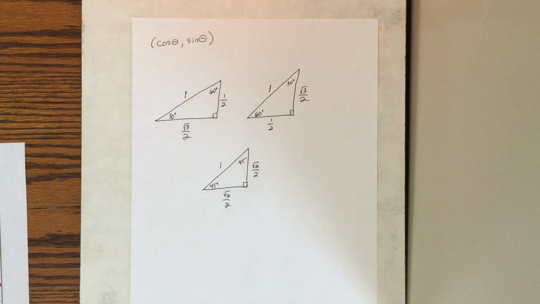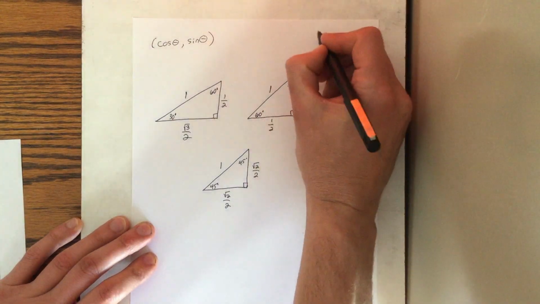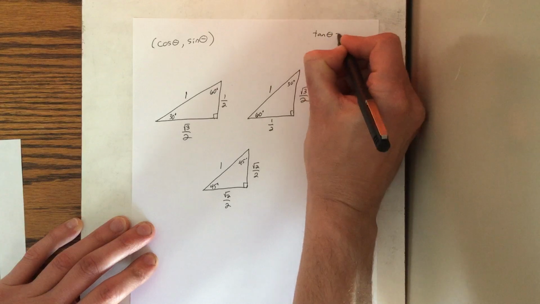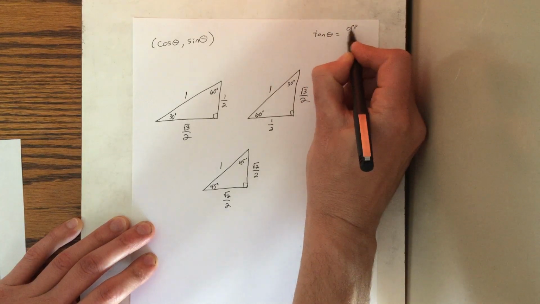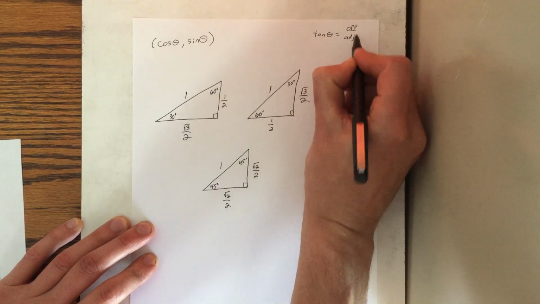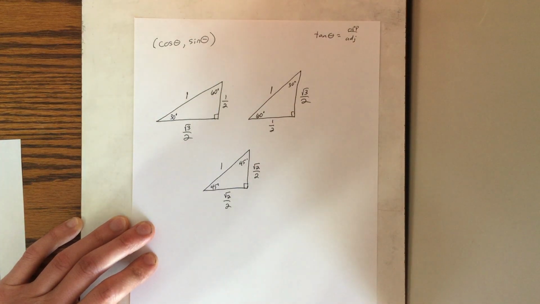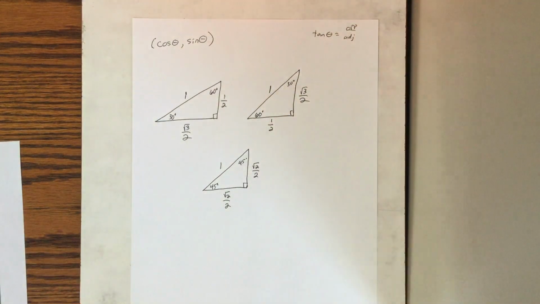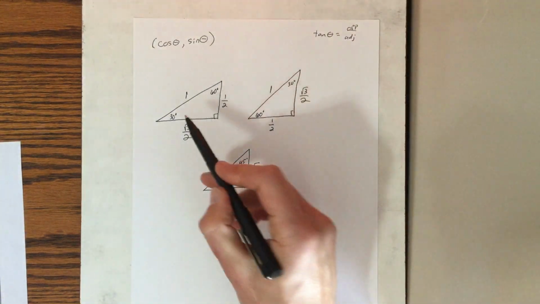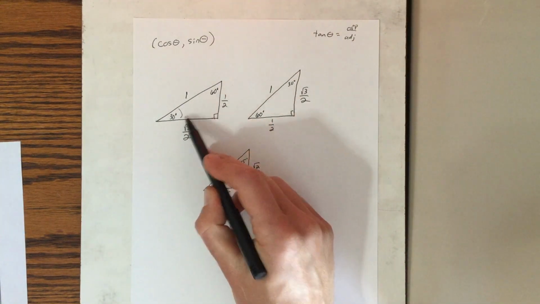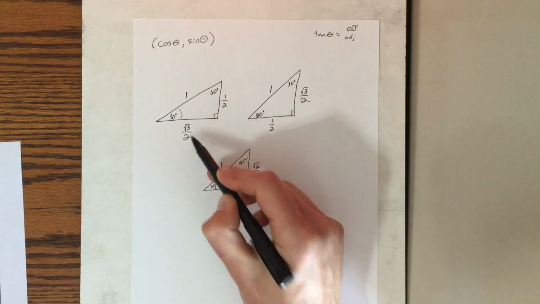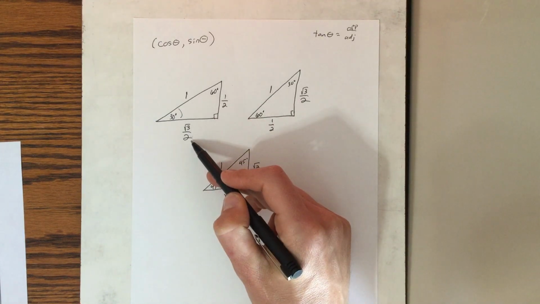Well, one thing we know with general trig is that tangent of theta is equivalent to the opposite over the adjacent, our TOA ratio. So if we did that with these, we can see that for like 30 degrees, opposite over adjacent would be 1/2 over root 3 over 2.